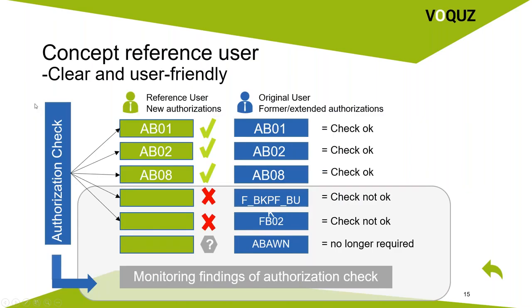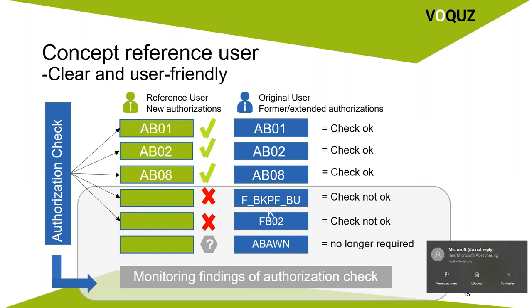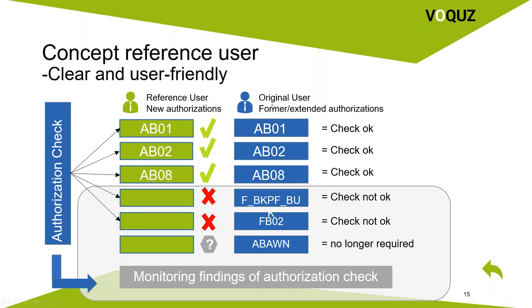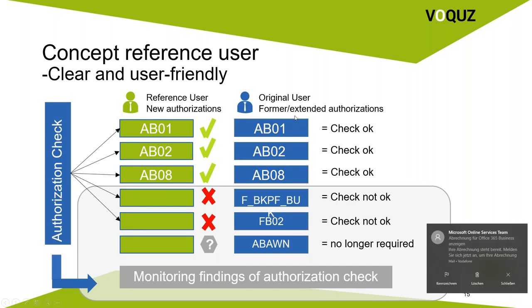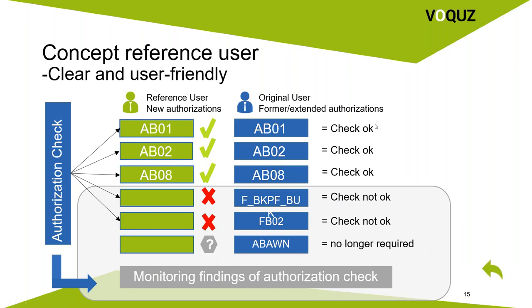As you're doing all of the management in the SetQ software, you will see in real time SOD conflicts before it's being pushed and applied to the systems. We can also do an authorization check as we're creating these new roles. So in this example, we have the original user that has a set of authorizations that person was able to execute.